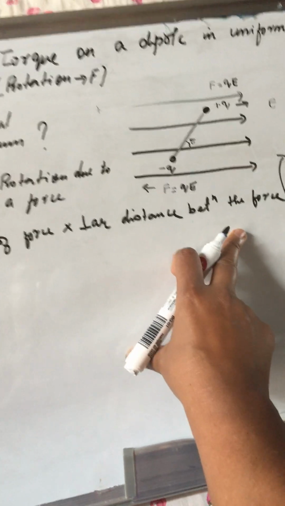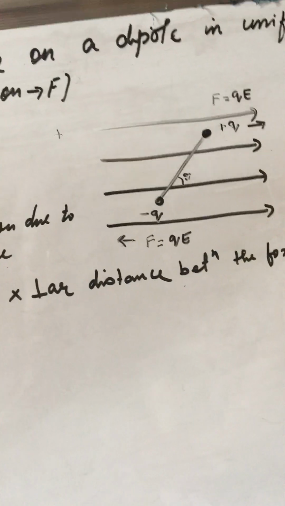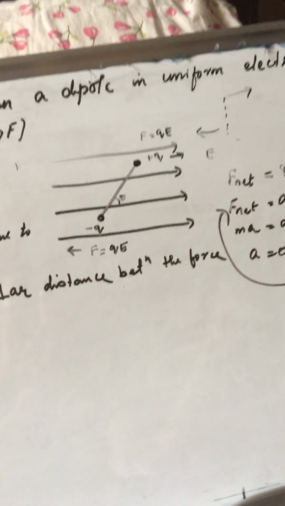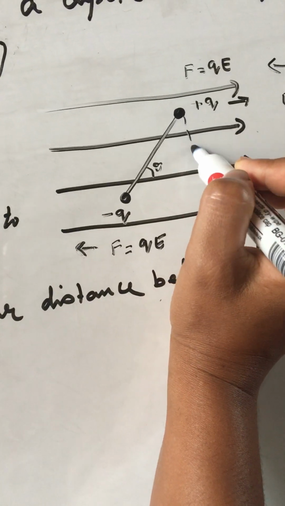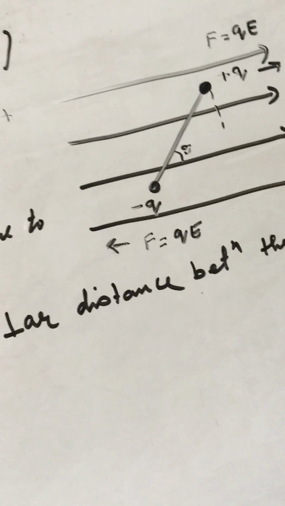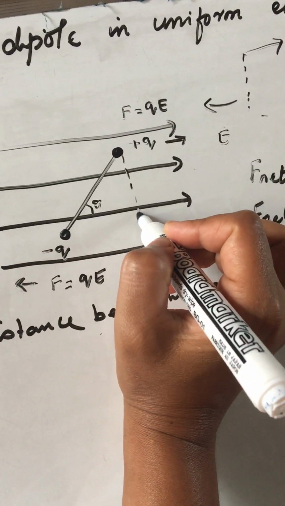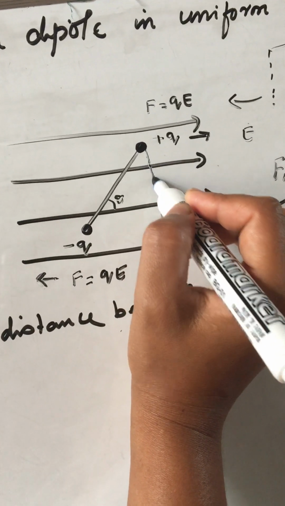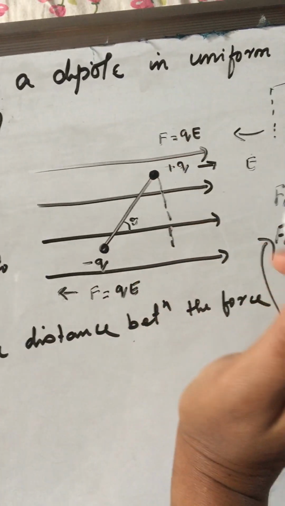Now, perpendicular distance between the forces. One of the forces is across here, and another force is across here. So what is the perpendicular distance? This is the perpendicular distance, right? Shall I name it?